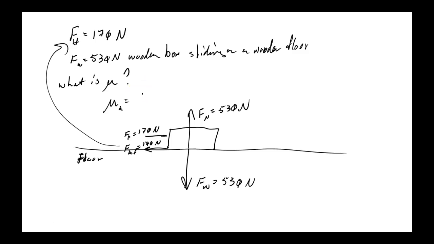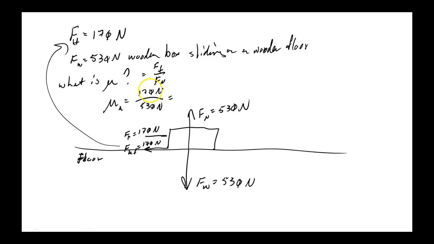It said the ratio of the frictional force to the normal force. So the frictional force is 170 newtons. Ratio of that to the normal force is 530 newtons. I probably should have put the formula in there first. F sub F to F sub N. Okay? And that's what we have here.